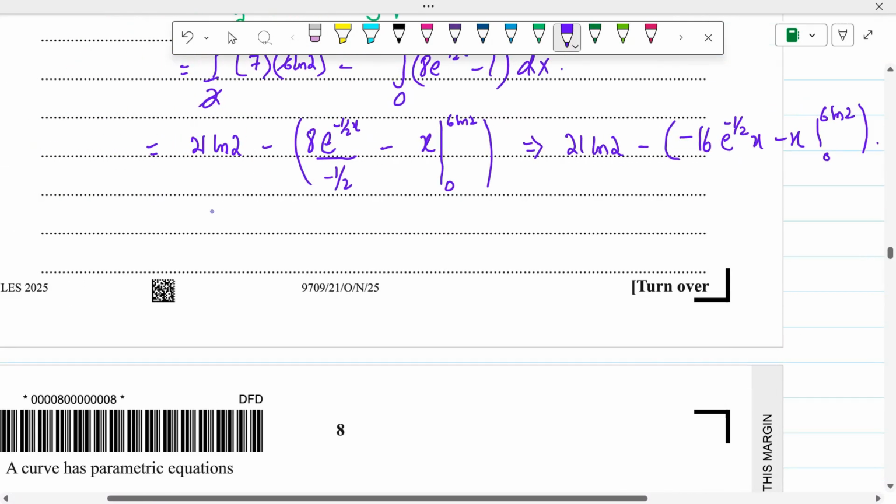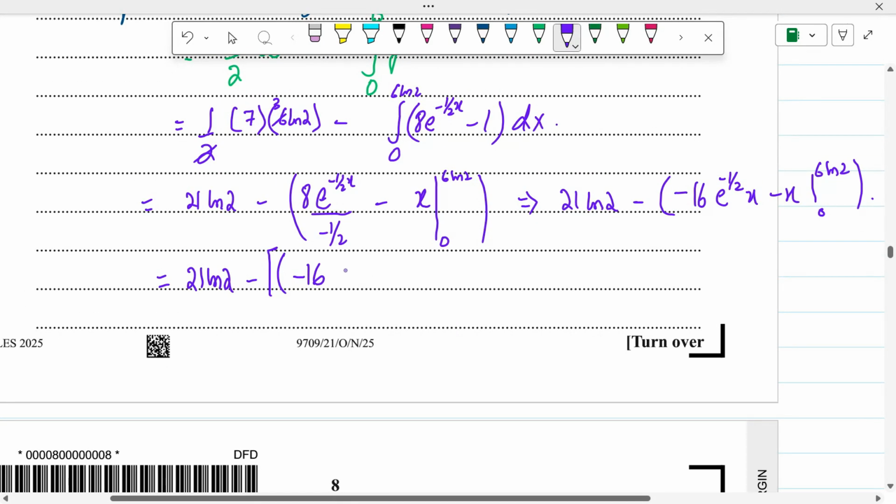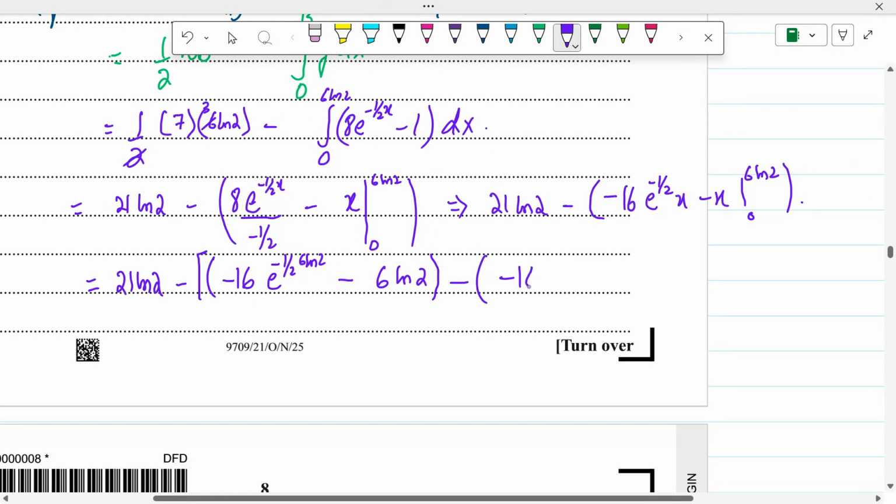Now the upper limit is x equals 6 ln 2, minus the lower limit, negative 16e^(-half times 0) minus 0.